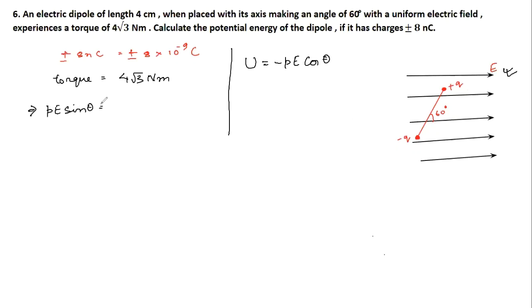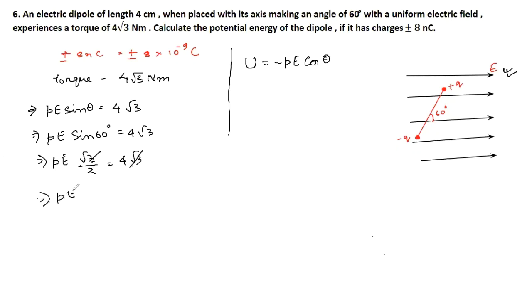Remember, theta is the angle between the axis and the electric field E. Now in this case it is 60 degree. So if I put sine 60 there, 4√3 equals PE times sine 60, and sine 60 is √3 by 2. So 4√3 by (√3 by 2), this √3 gets cancelled. So the PE value gets around 8.